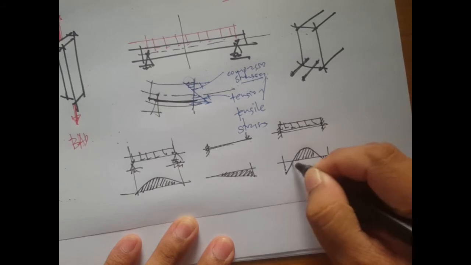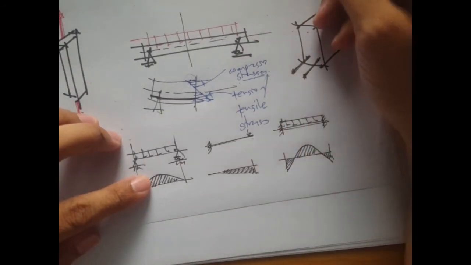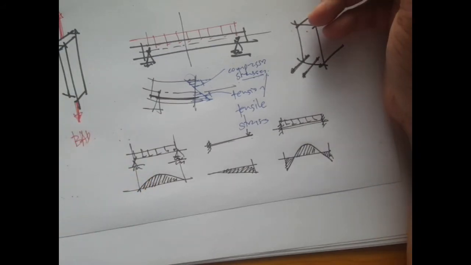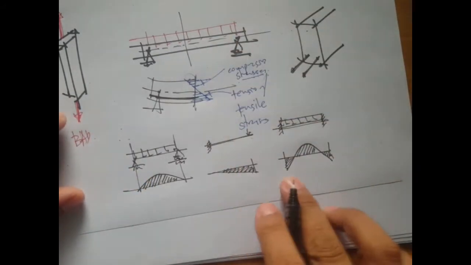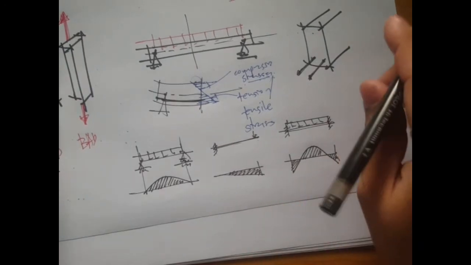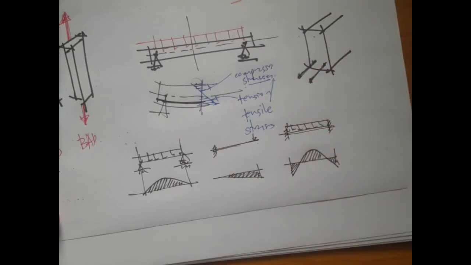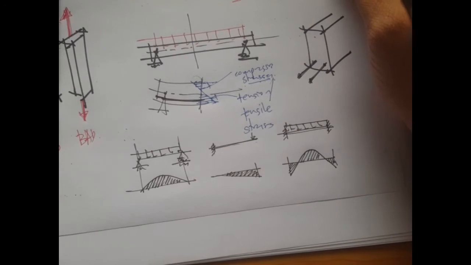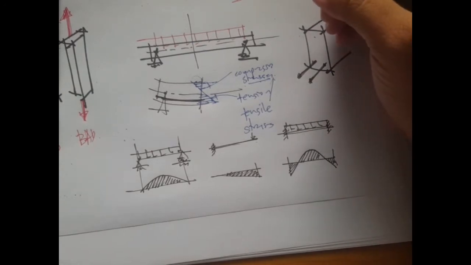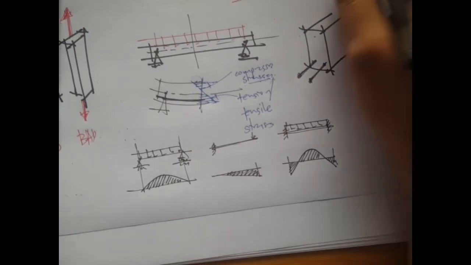So meaning we need to figure out this tension zone. So we need to provide reinforcement at that zone. So that's one reason why we need to put the reinforcement, is that the reinforcing steel are the ones to carry the tensile stresses.